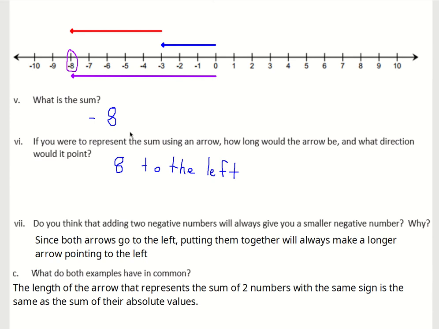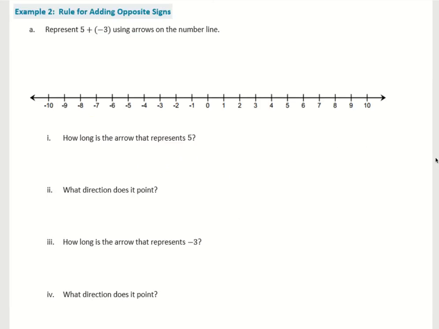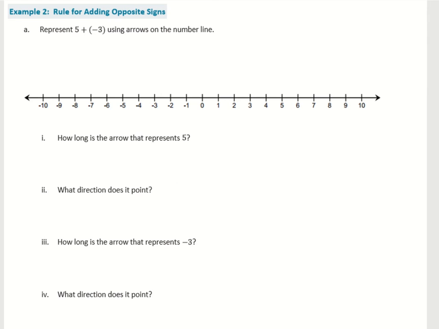3, 2, 1. We're continuing with example 2, which is going to be our rule for what if we're adding numbers that have opposite signs. Well, the best way to find out how to not use a number line is to, well, we're going to use a number line and draw some inferences from it.